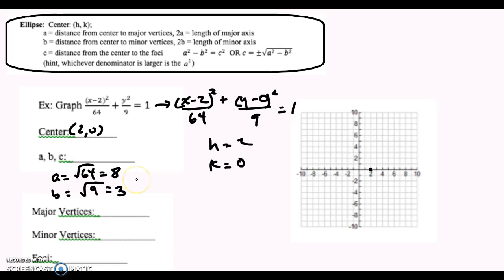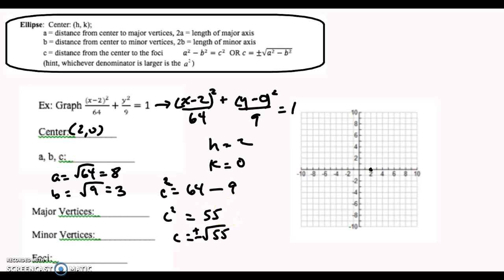And c, if I do c is equal to plus or minus the square root of a squared minus b squared, then I get c squared is equal to, again, a squared was 64, so 64 minus b squared is 9. 64 minus 9 is going to be 55, which means c is going to be plus and minus the square root of 55.